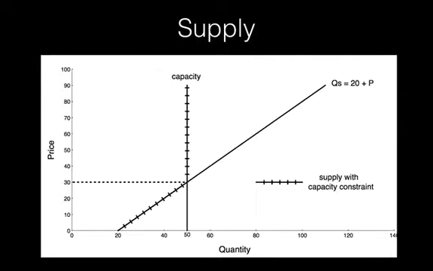And that price of 30 is just where the supply curve reaches the capacity constraint. So make sure you're comfortable with that. If there's an introduction of a capacity constraint, how to construct the supply curve using the supply curve that's given plus the capacity constraint.